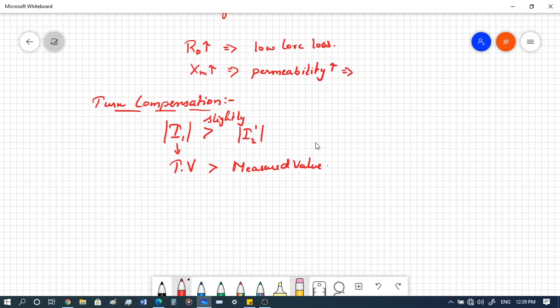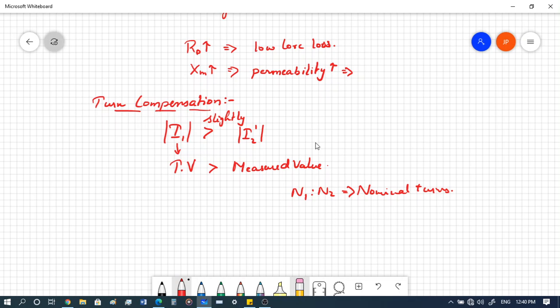N1 to N2 is the nominal turns ratio, or the turns ratio that is given to us.